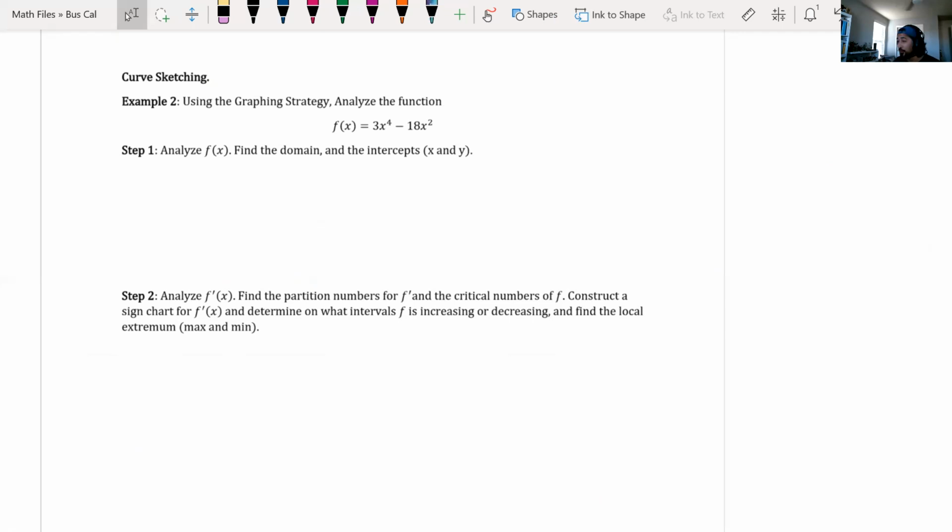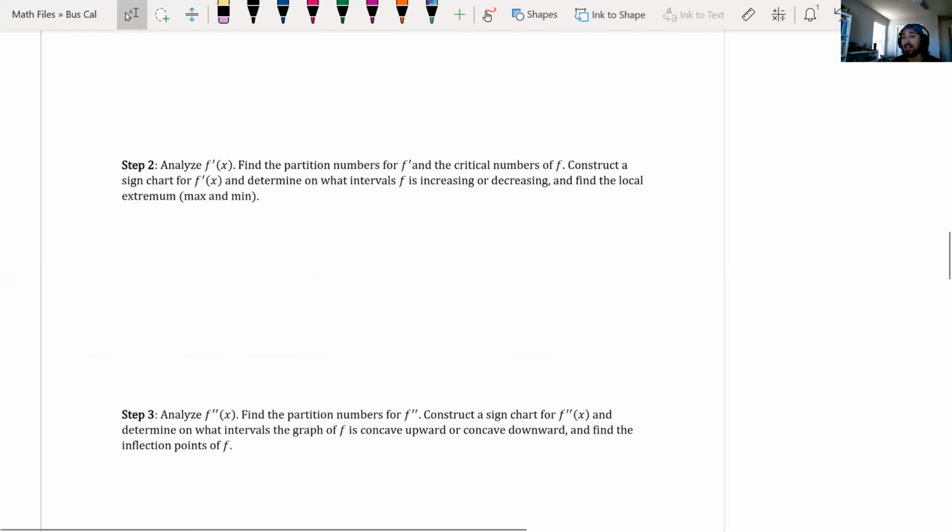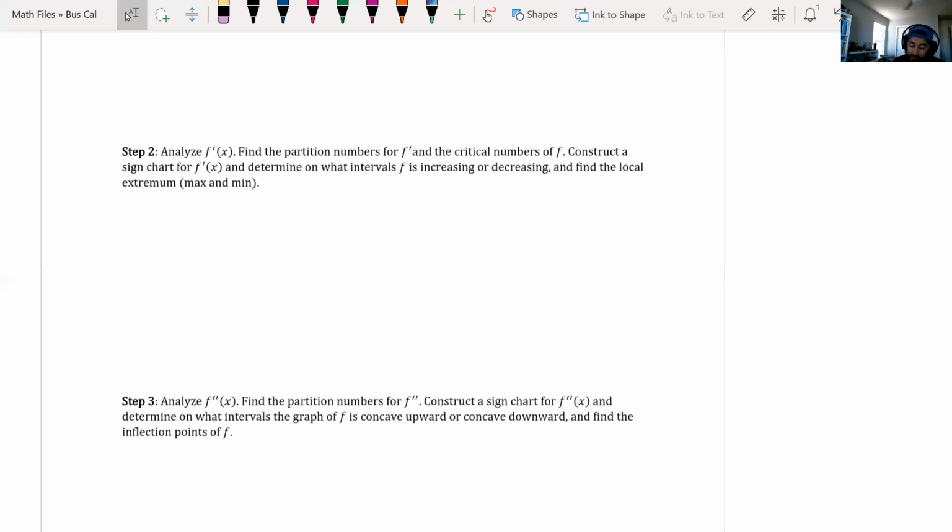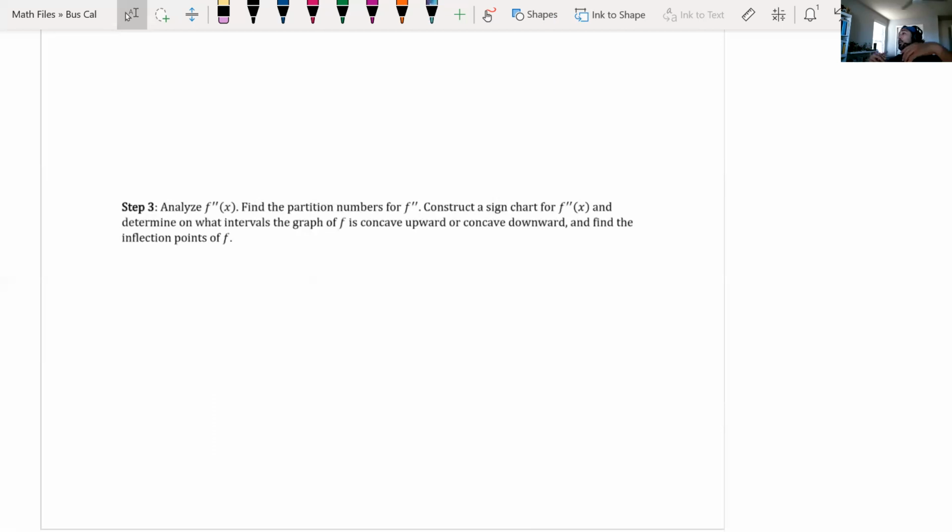In step 2, we're going to take the first derivative, solve for x, make a sign chart, and find maximums and minimums. So if you missed out on Thursday, all of Thursday fits into this tiny step, which is actually a lot. And then step 3, we're going to do everything we've learned today.